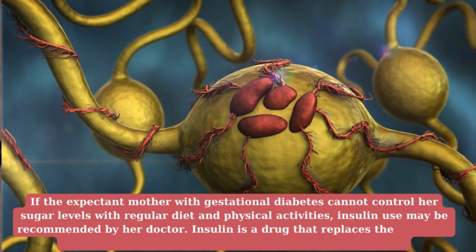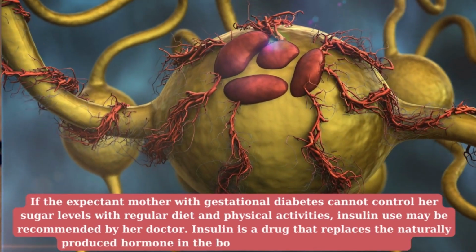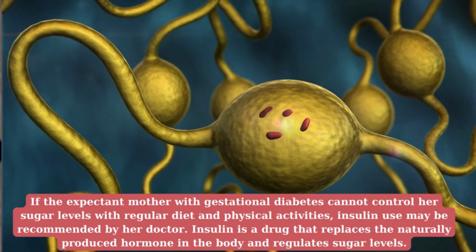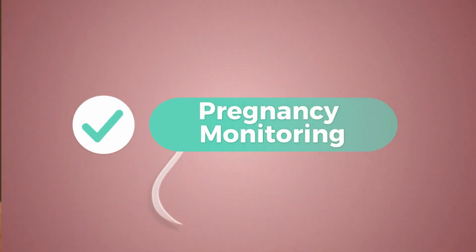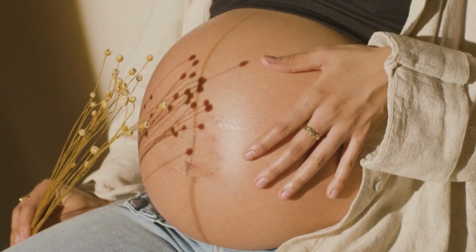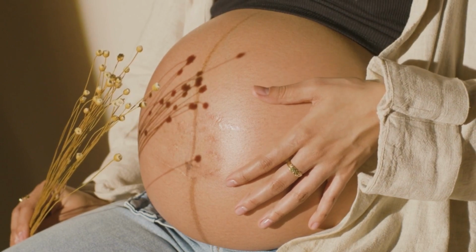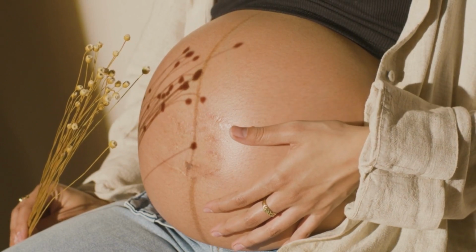Insulin is a drug that replaces the naturally produced hormone in the body and regulates sugar levels. It is important that expectant mothers with gestational diabetes are frequently monitored by their doctors. In this way, necessary precautions can be taken regarding the development of the baby.